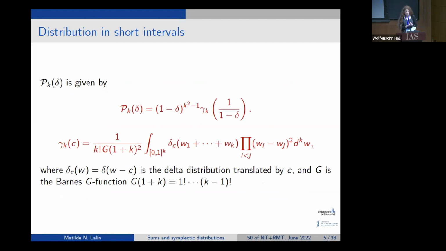Here delta_c is a delta distribution translated by c, so what we have here is a detector of when the sum of these k variables is c. And there is some factorial in front. Anyway, it's a very nice symmetric integral.